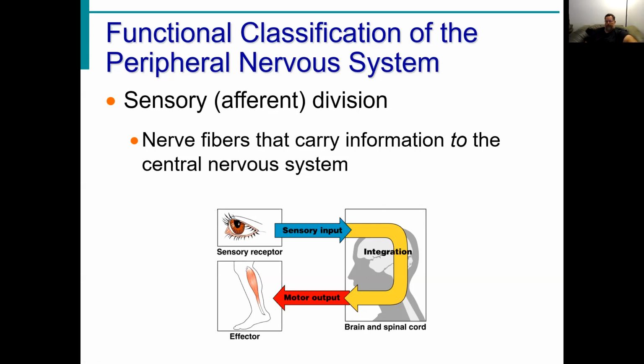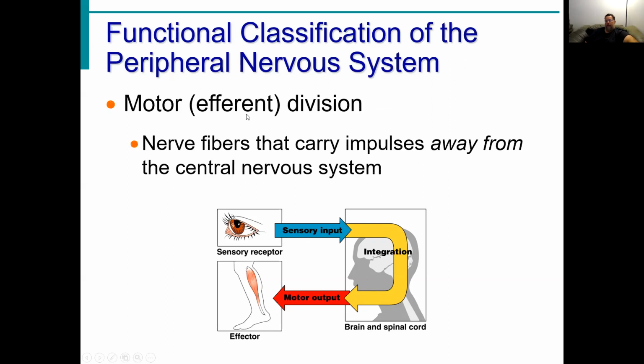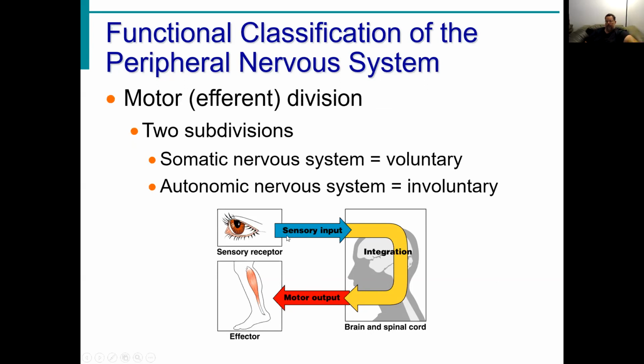So in the peripheral nervous system, information traveling towards the brain and spinal cord is carried by the sensory neurons, the afferent division, and everything leaving the brain and spinal cord is efferent. And again, the nerve cells will look quite a bit different in these two examples.